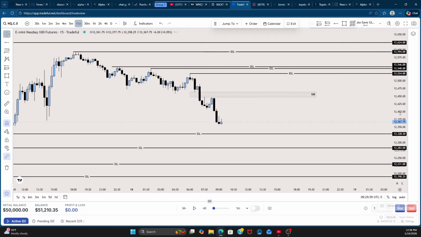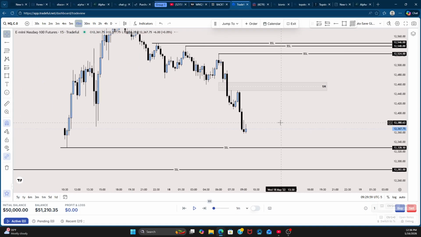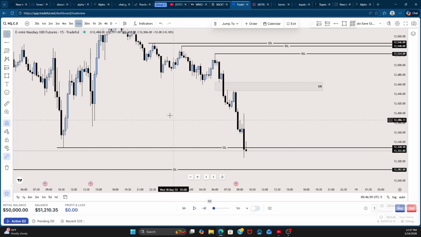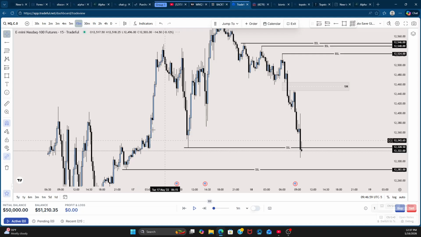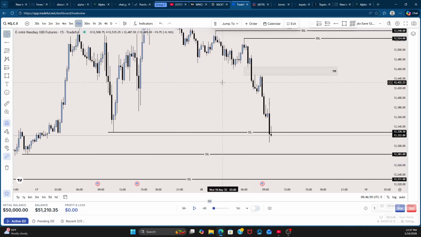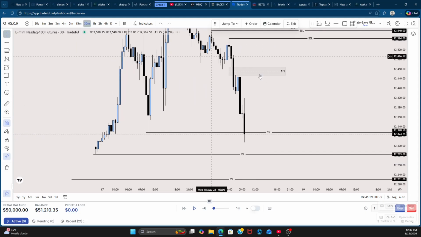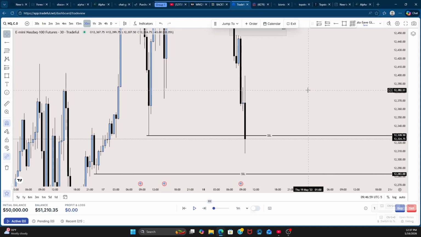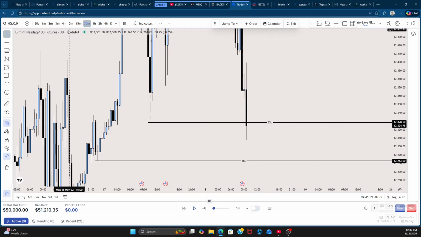We're going to go on the 15 minute and see if we want to manipulate into something higher, ideally. Or we're going to manipulate lower first. So, we sweep out that sell side. We have all this resting below us. This resting below us, we're respecting this 15 minute. 30 minute looks like it's going to respect its gap, but we are playing down into the 30 minute gap here.